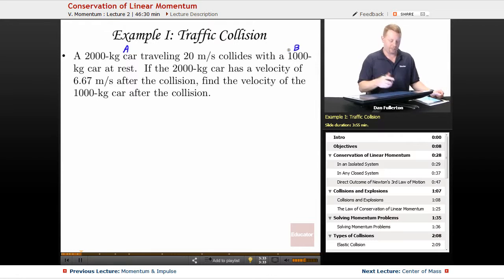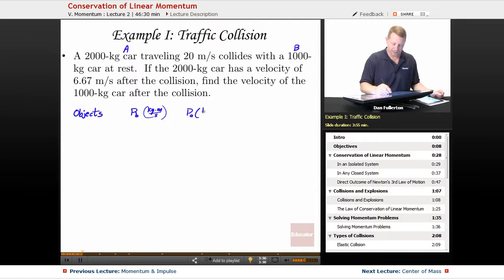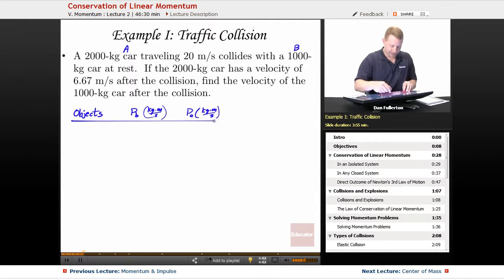Then we can make a table to organize our information. We'll have a column for our objects, a column for the momentum before the collision in kilogram meters per second, and a column for the momentum after the collision, P after, in kilogram meters per second. Since this is in one dimension, we don't have to worry about X, Y, Z components. So let's make ourselves a nice, happy little table.